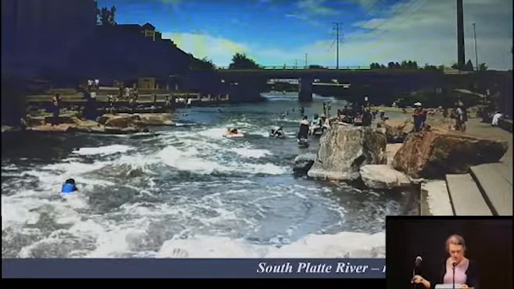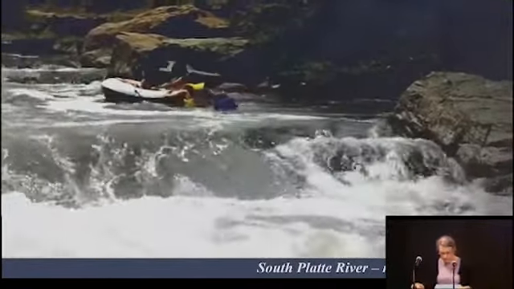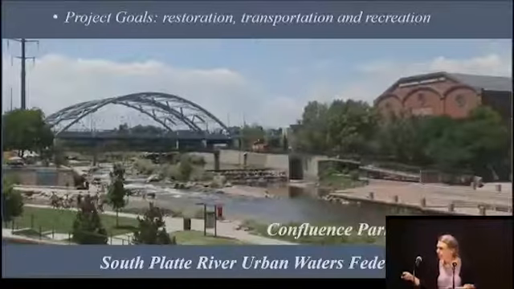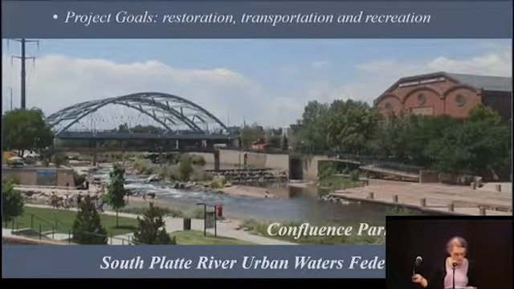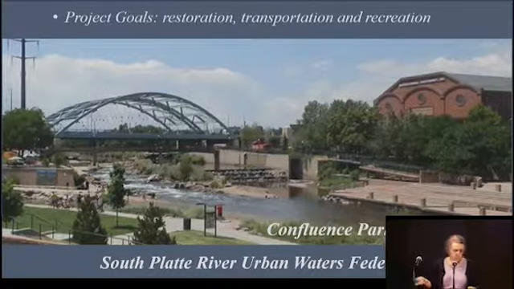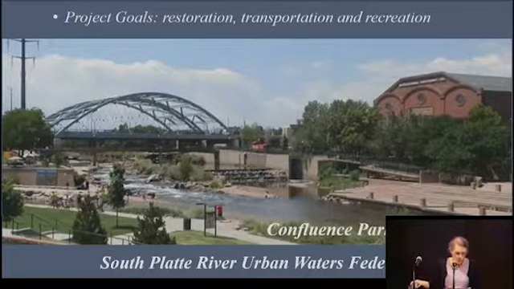Okay, so, sorry, you just saw that one. This is the South Platte River. This park is the result of a process undertaken under the Urban Waters Federal Partnership. This should be a model of what we should be doing.